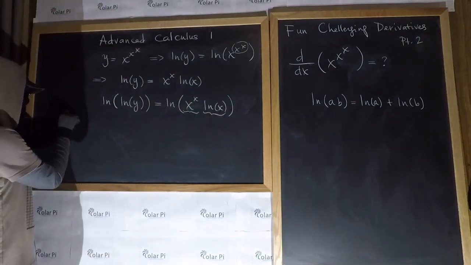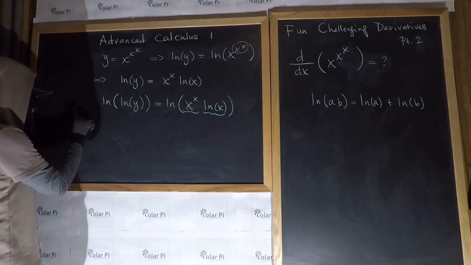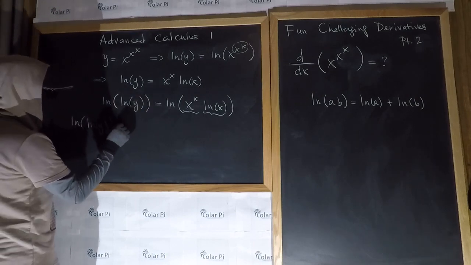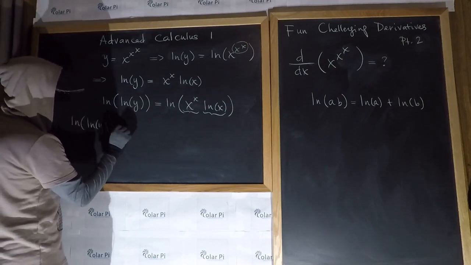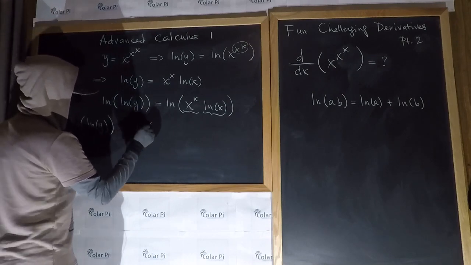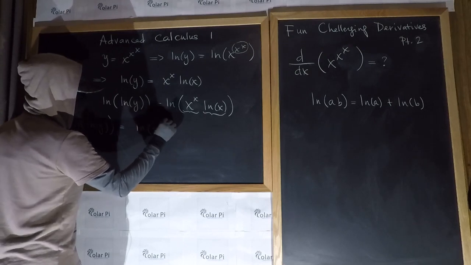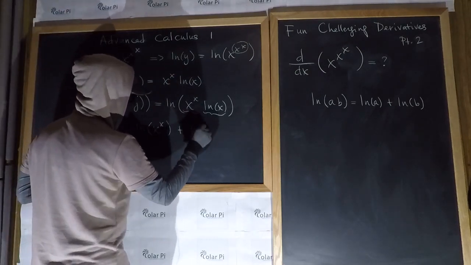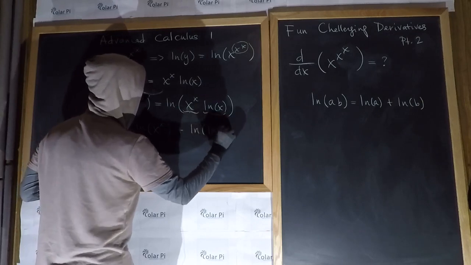Next we can write the natural log of y, the left hand side, is equal to the natural log of x to the x plus the natural log of x.